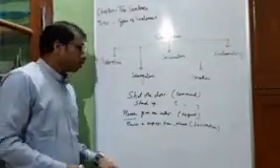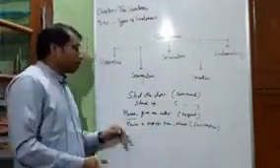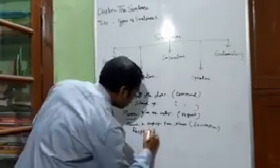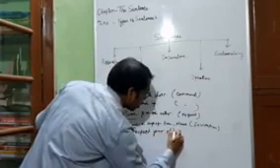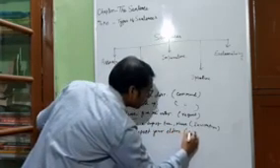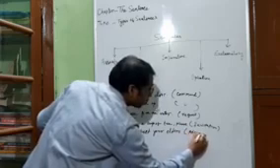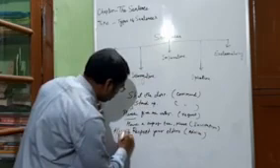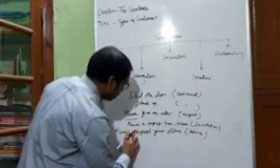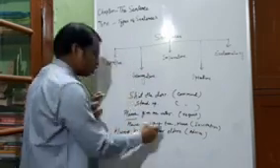Inviting a person to have a cup of tea. Next, respect your elders' advice. We can also add the word always before it. Always respect your elders. This can also be said.